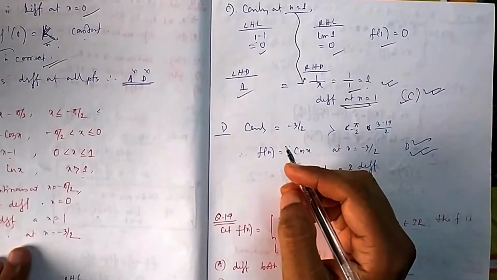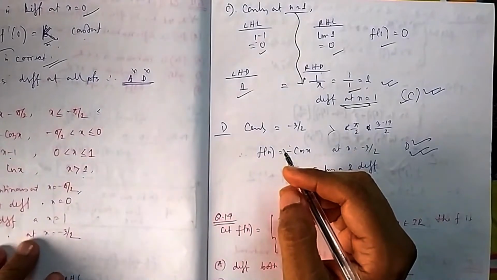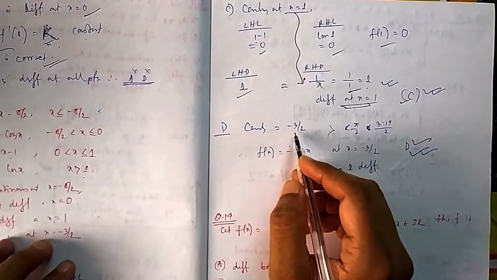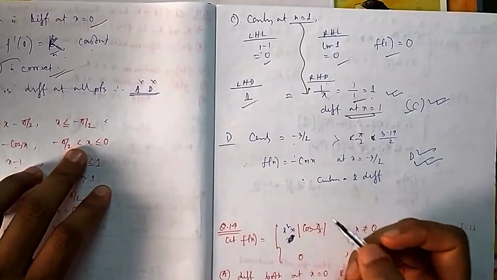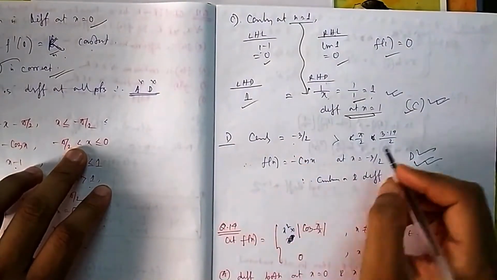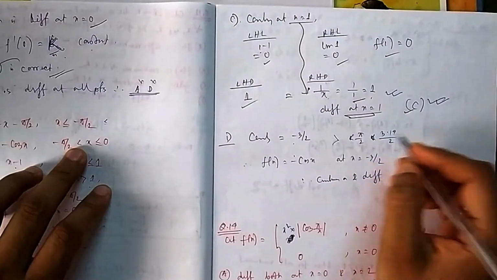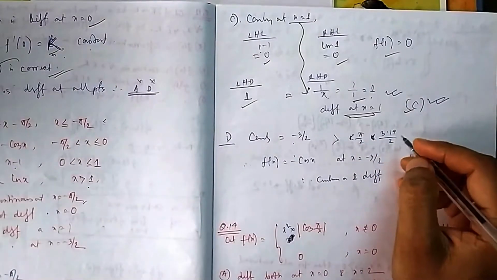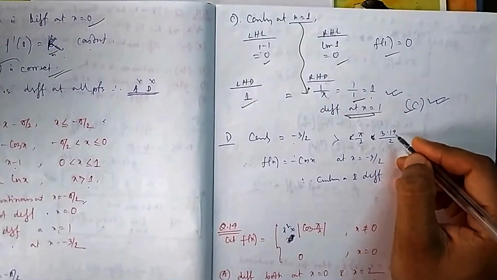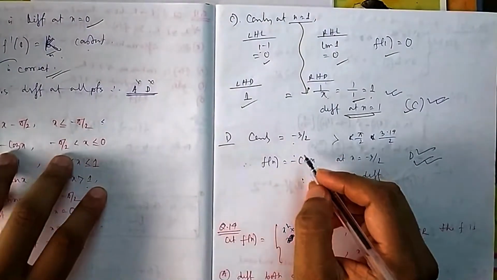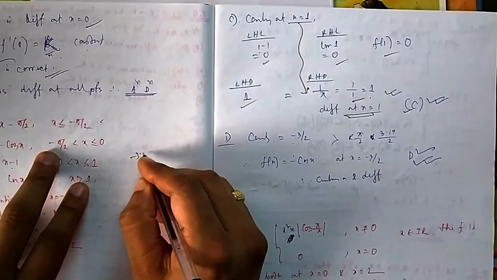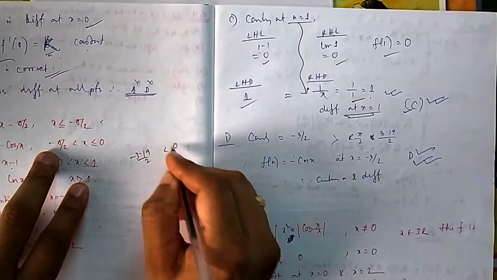Now D, f(x) is differentiable at x equal to minus 3 by 2. So at minus 3 by 2, x is equal to minus 1.5. Pi by 2 is 3.14 by 2, which is above 1.5. So you can think now, because it is minus 1.5, it will come in this interval, minus 3.14 by 2 to 0.